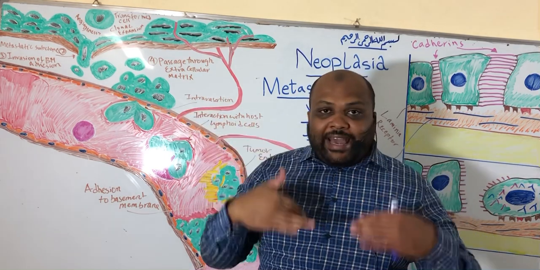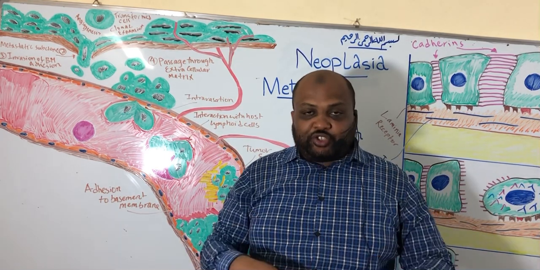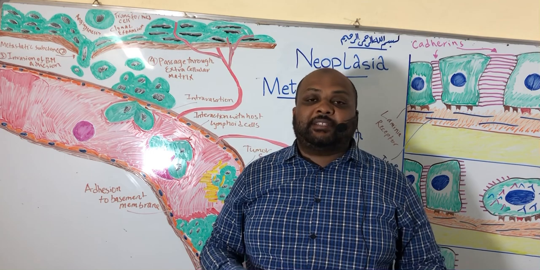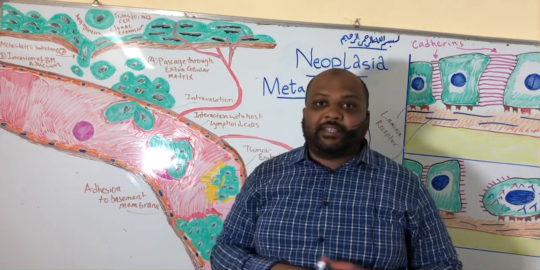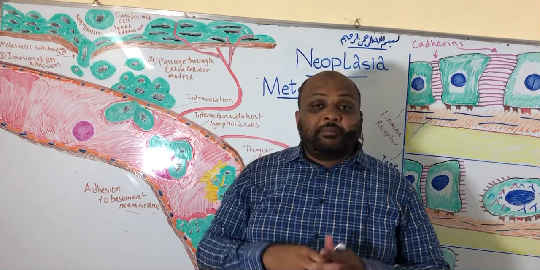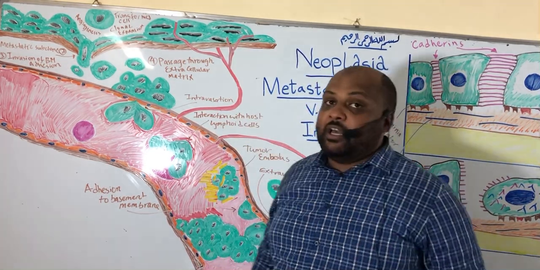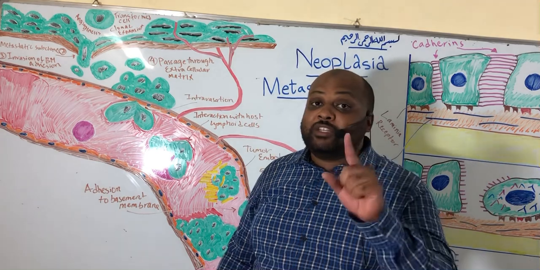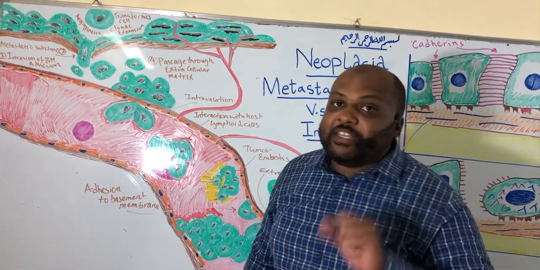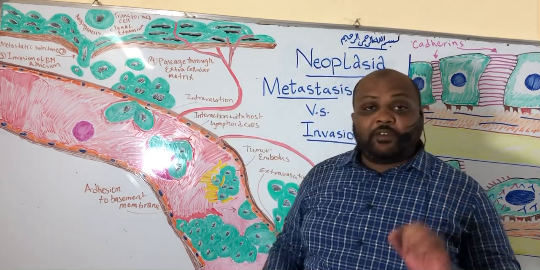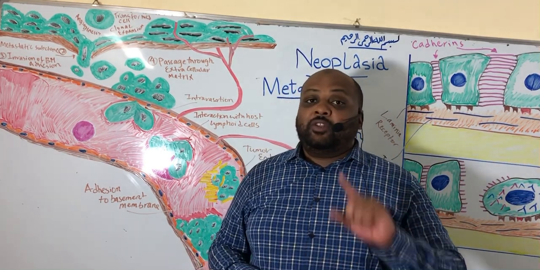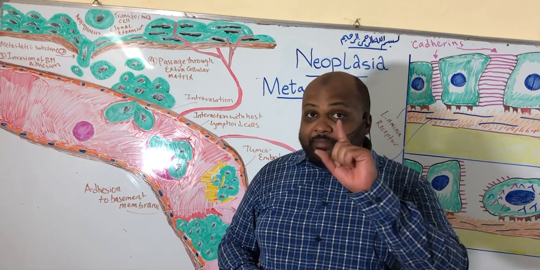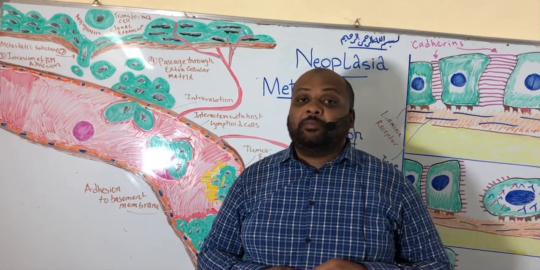Then they will start again destroying, using those metalloproteinases, those anticollagenases, those proteinases, the basement membrane now of the blood vessel to enter the bloodstream, and that is known as intravasation. When they successfully enter the bloodstream, it does not always mean they will survive.